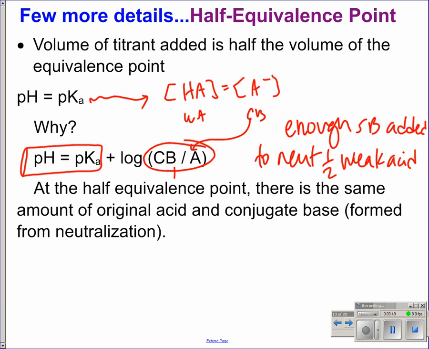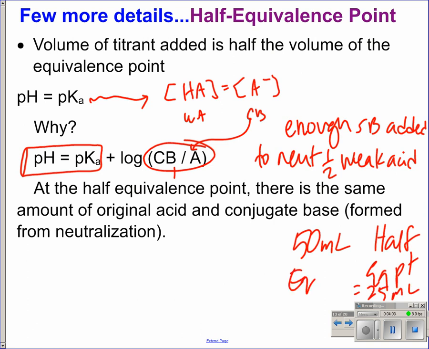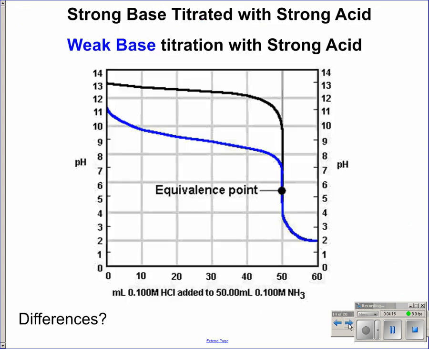So if your equivalence point occurred at maybe pH of 7, but you used 50 milliliters of your titrant, then your half equivalence point would be at 25 milliliters. So this is where your equivalence point was. You can find the half equivalence point really truly by just looking at the graph and going halfway up to where the volume added was where the equivalence point occurred. So that's one of those helpful hints that will really speed up your process of solving problems.